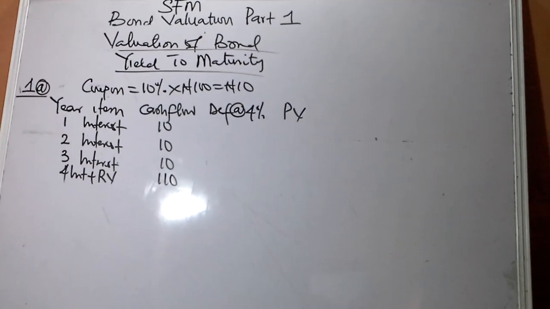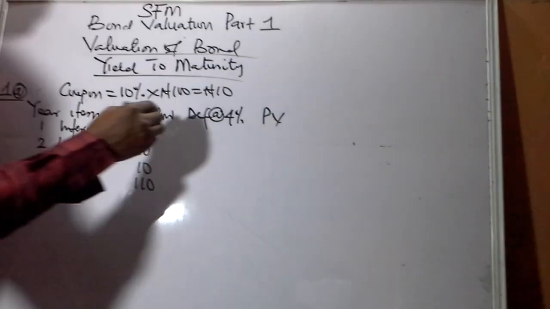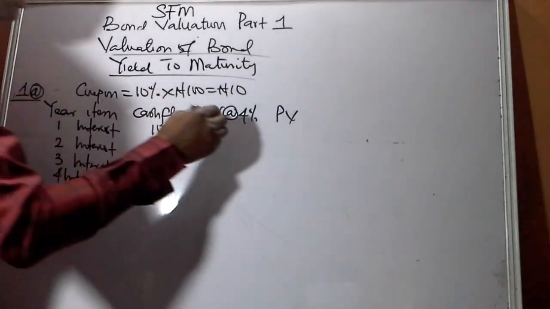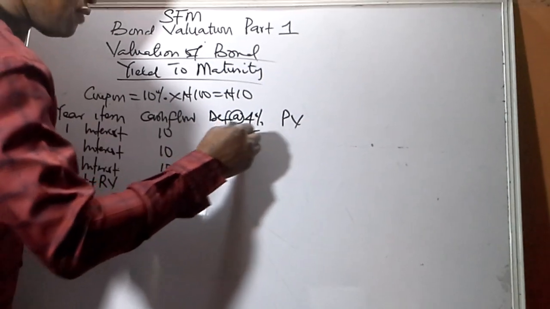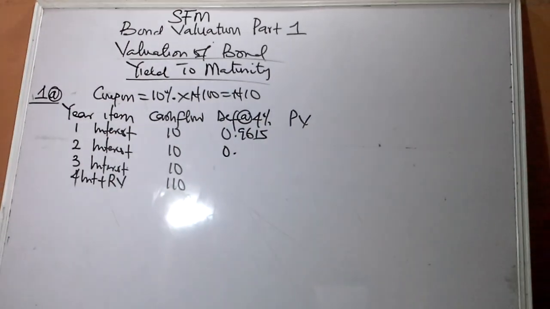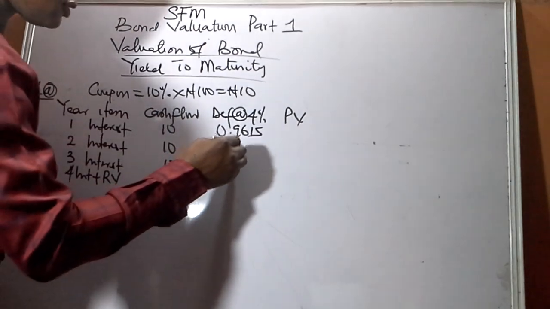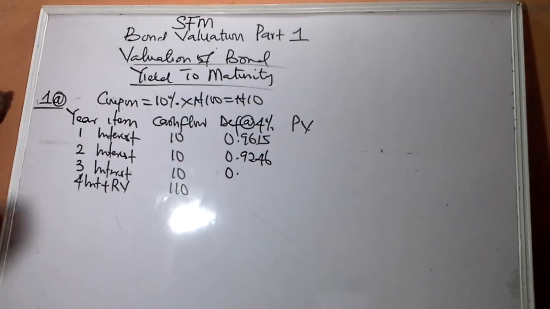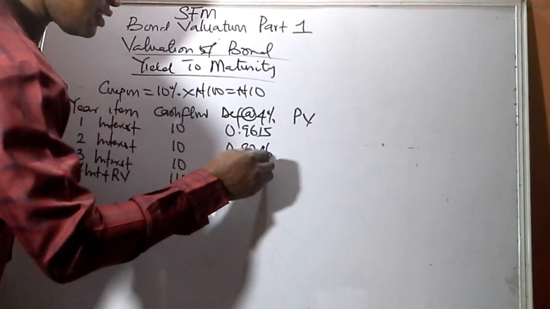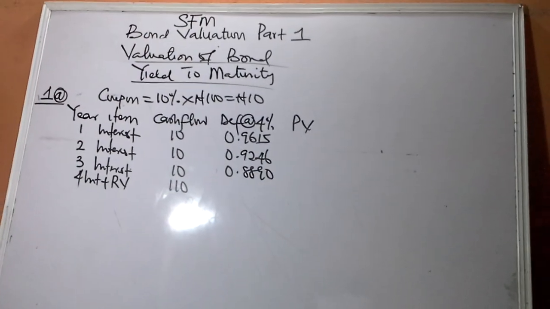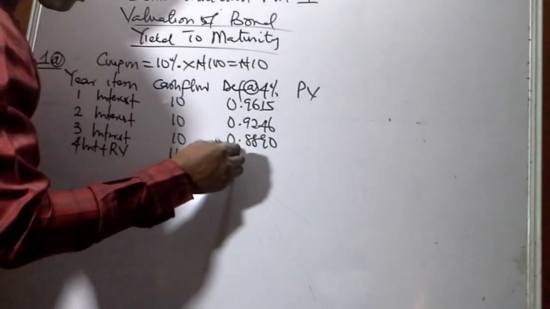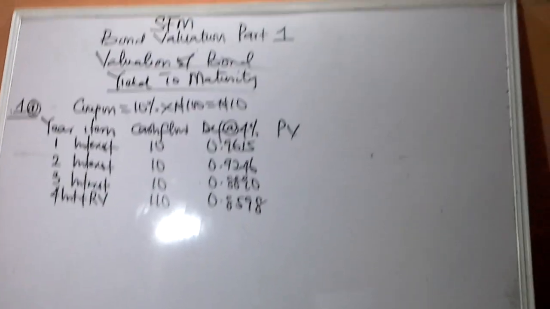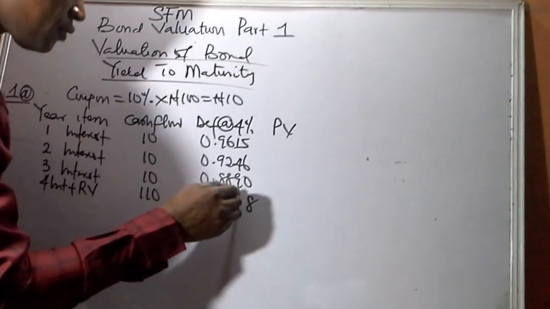So what is the discount factor now? For year 1 it is 0.9615. Year 2 is 0.9246. Year 3 is 0.8890. Year 4 you have 0.8548.